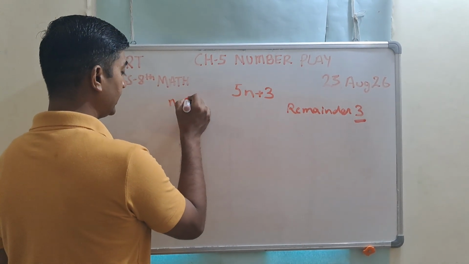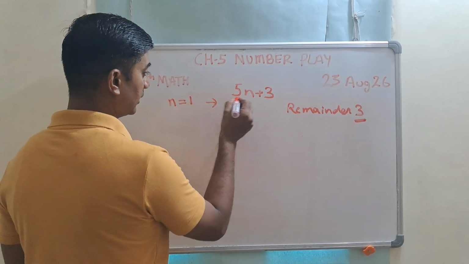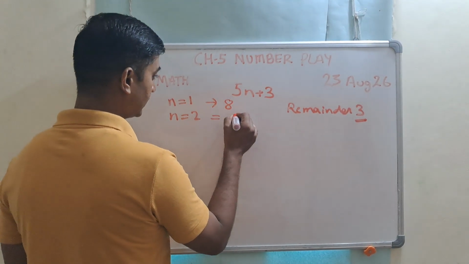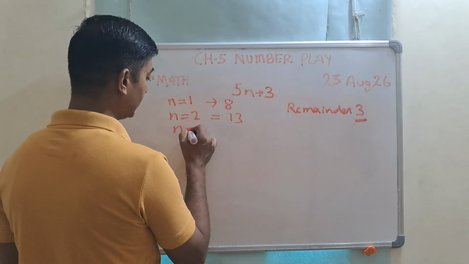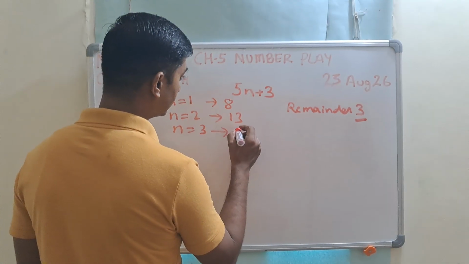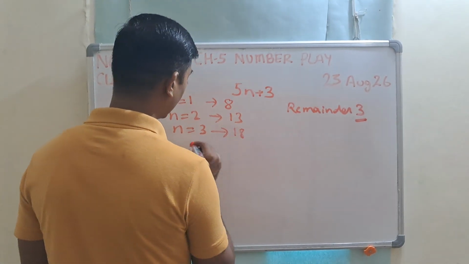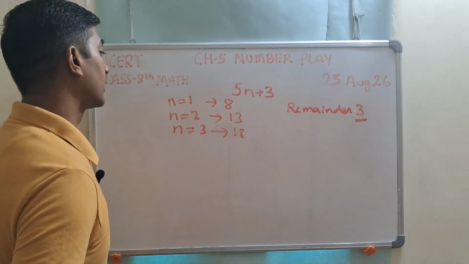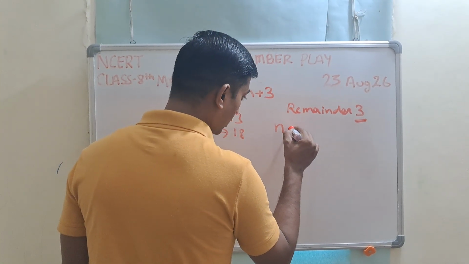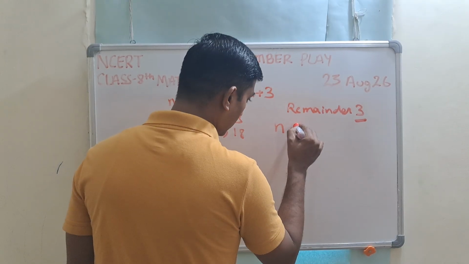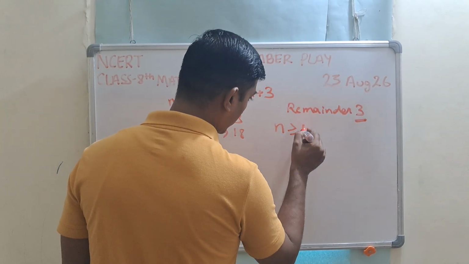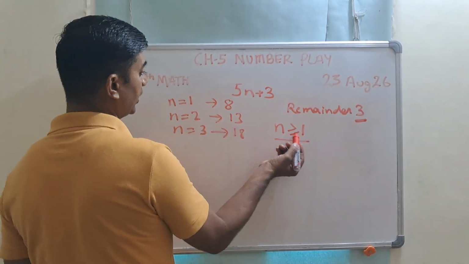When n is equal to 1, our result is 8. When n is equal to 2, our result is 13. And when n is equal to 3, our result is 18, and so on. Understood? So what we have concluded in this case is that n should be greater than or equal to 1.